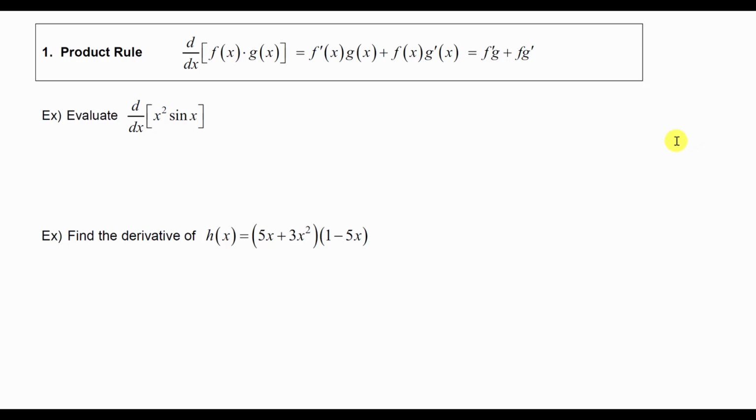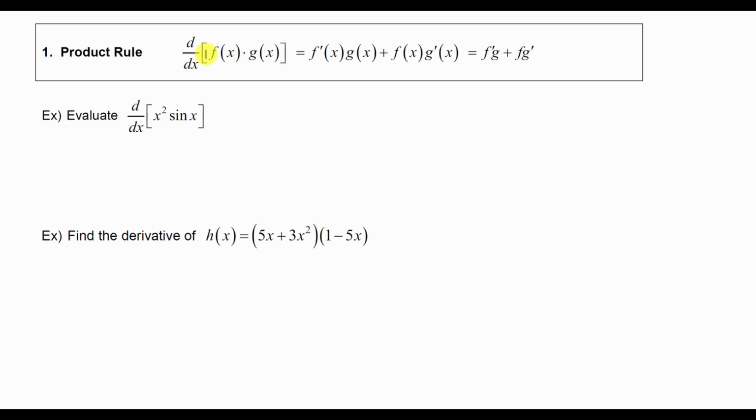Product rules. So when we have a product of two functions, unfortunately, we don't get to just take the derivative of f times derivative of g. That's what we want to do, but then we will get the wrong answer. So here is the product rule, and you need to remember it so that you don't take the derivative in a wrong way.